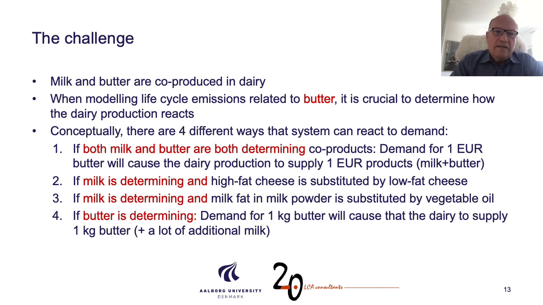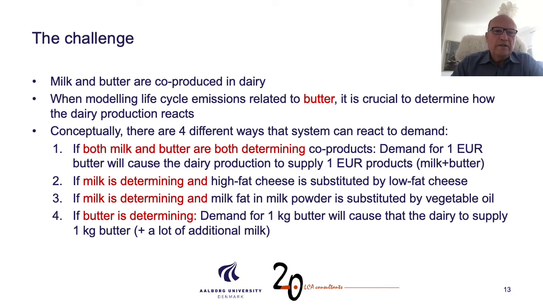In the second case, if milk is determining, we can have a substitution of high-fat cheese with low-fat cheese. So the butter becomes available because the fat is not used in the cheese production. In the third case, we also have milk as determining, but instead we have a reduction in the milk powder that is substituted by vegetable oil.